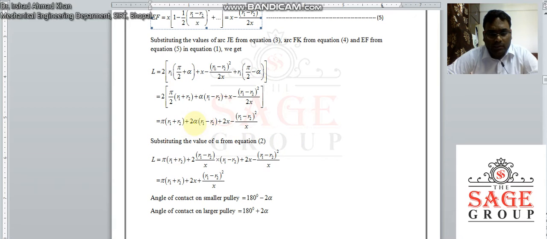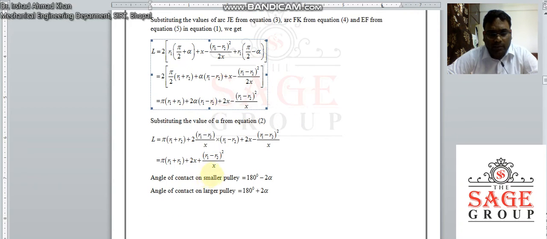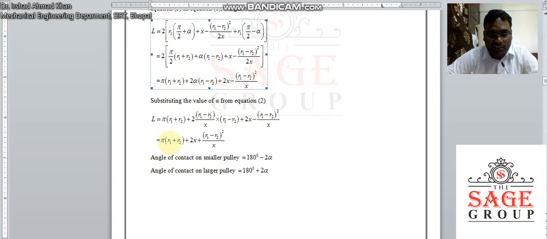Now finally we put the value of x, and the final expression for the length of the belt will be pi (r1 plus r2) plus 2x plus (r1 minus r2) whole squared upon x. Then the angle of contact of the small pulley will be 180 minus 2 alpha.